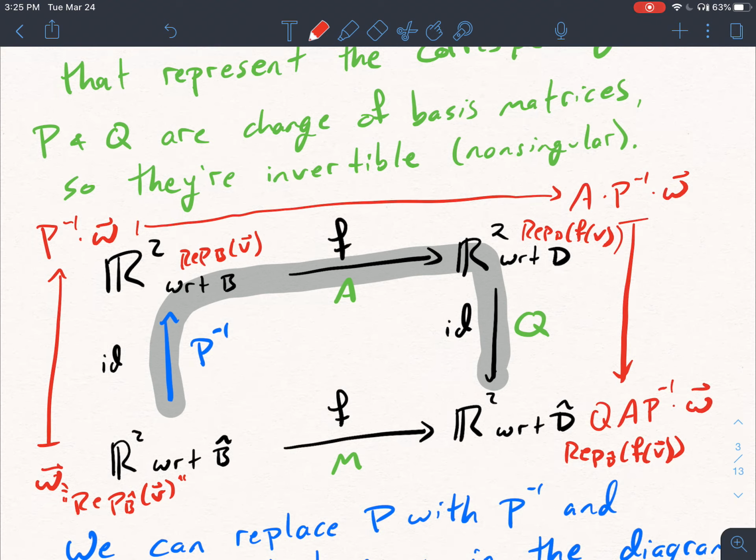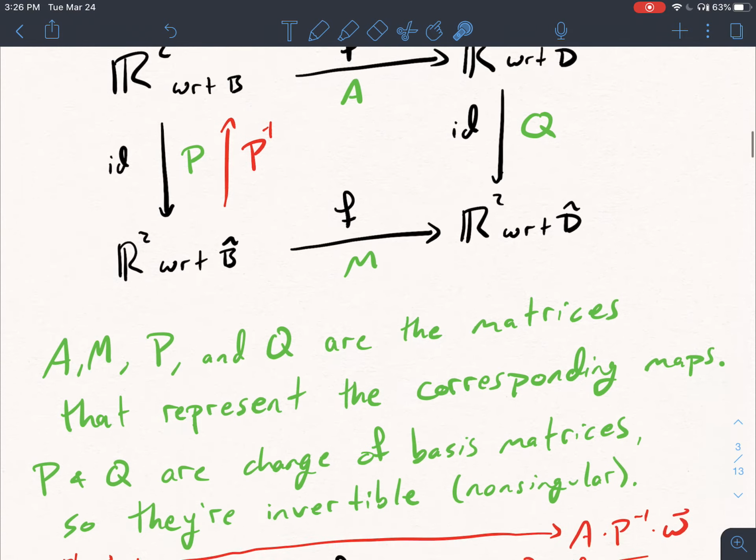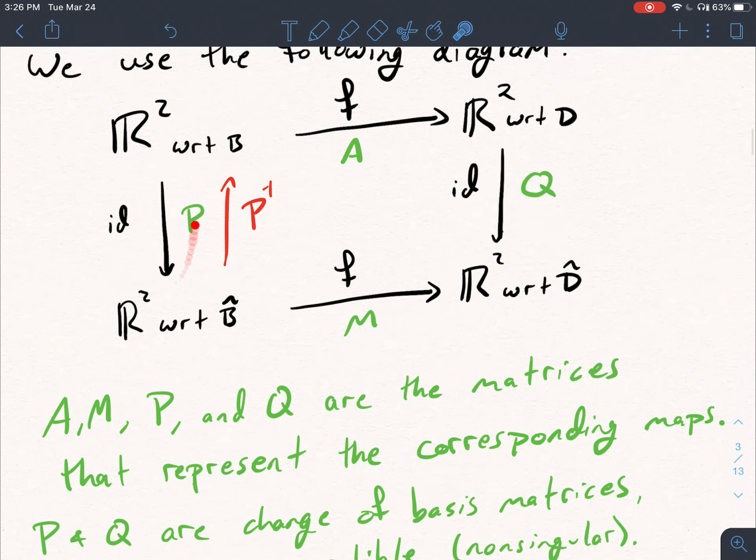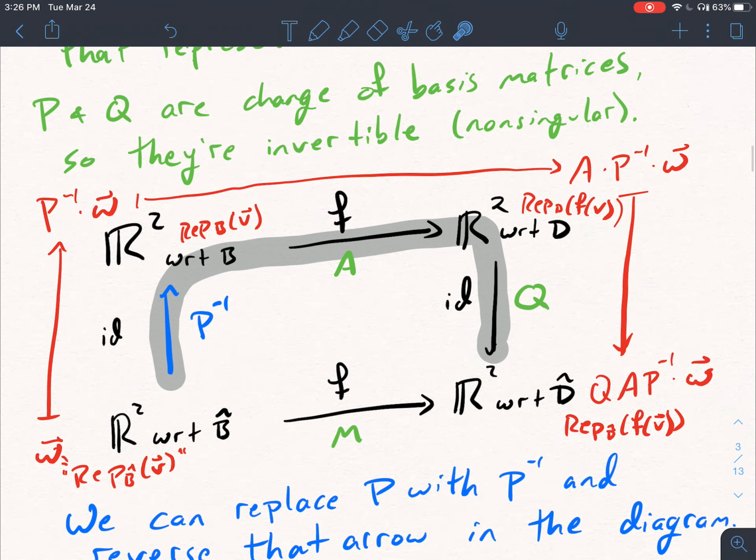I've had some technical difficulties, but anyway, we're just going to work with this. All right, cool. So what's going on here? Everything that's not in red is basically just copy and pasted from the previous thing, except for the blue arrow right here, where I replaced the arrow going this way in P with the arrow going upwards with P inverse. So we need to figure out what's going on with the red here.